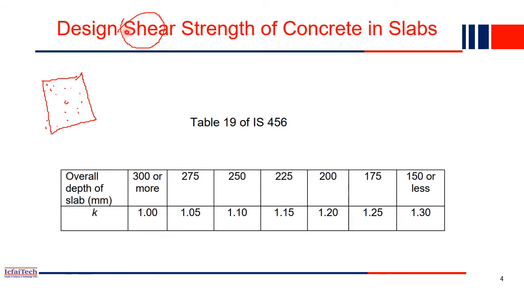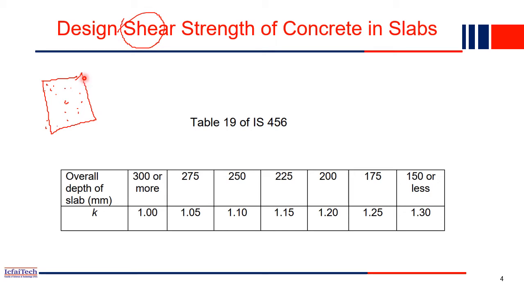Because of that, generally we won't provide shear reinforcement or stirrups in a slab. Although in the design of culverts or bridges, or flyovers in cities, sometimes they provide stirrups even in the slab, because the loads are very high.